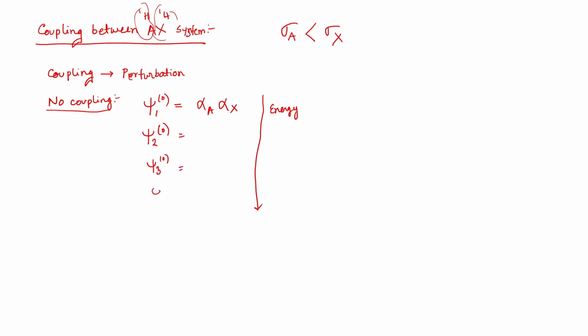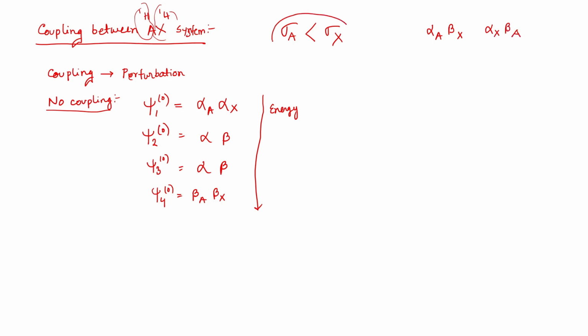We know that psi 4 naught is obviously both having downward spin, beta A, beta X, right? And now what do you think? Which has lower energy, alpha A beta X or alpha X beta A?